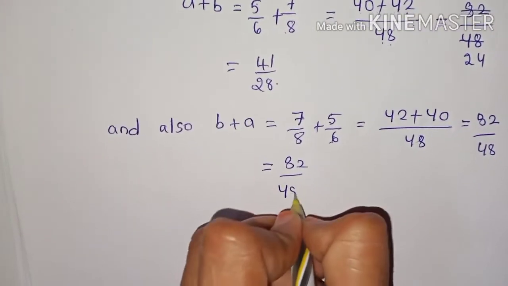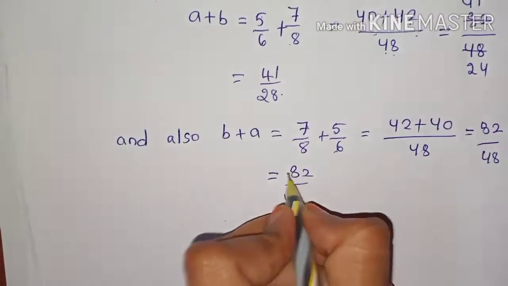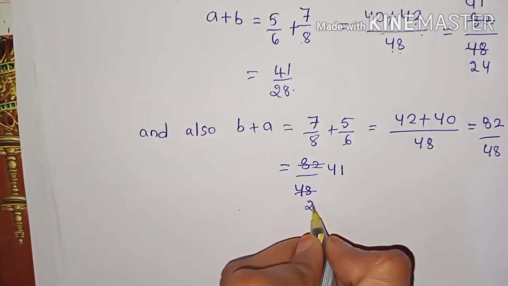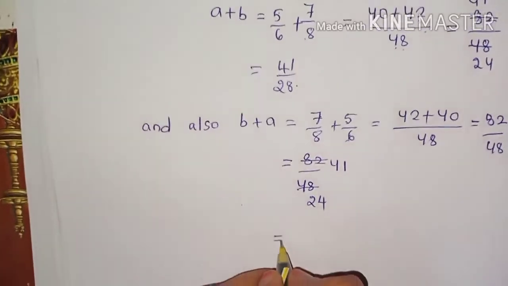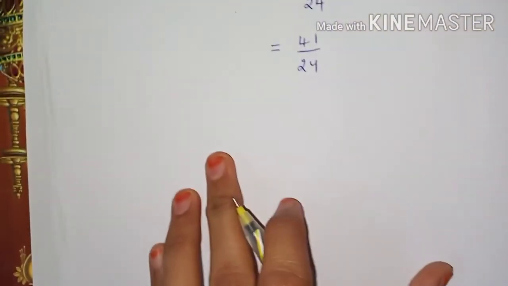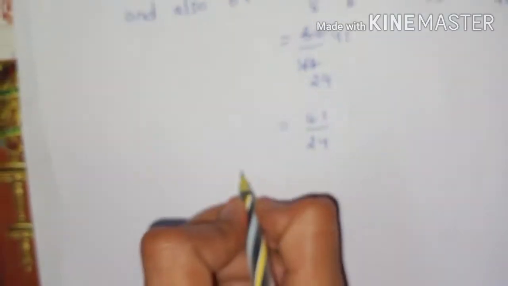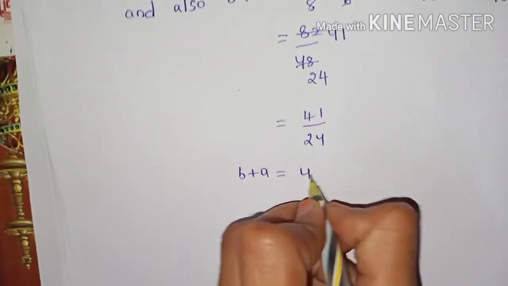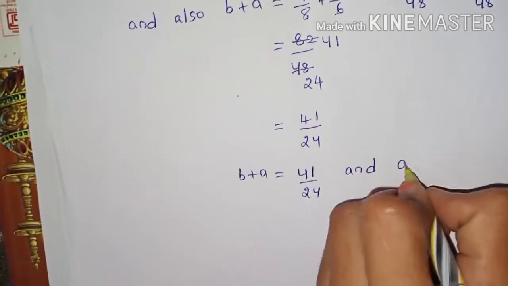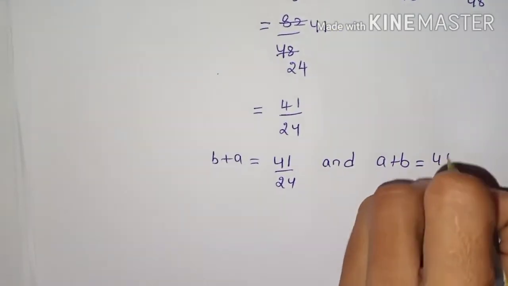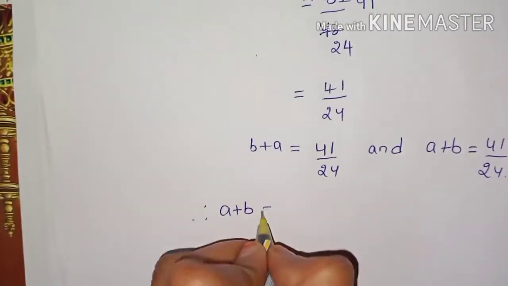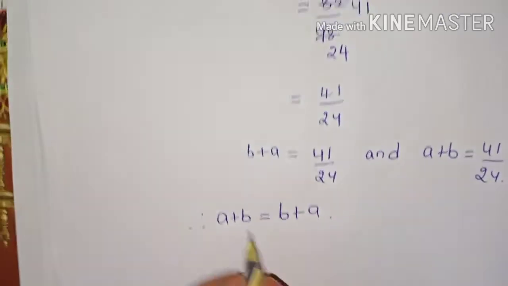Dividing by 2, that equals 41 by 24. B plus A equals 41 by 24, and A plus B equals 41 by 24. Therefore, A plus B equals B plus A. Hence proved.